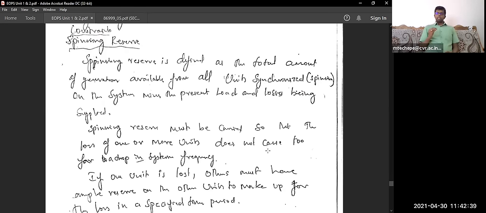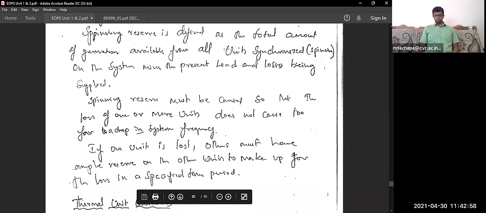They have to give a reliable supply, so in that scenario only they go for this kind of spinning reserve. Spinning reserve must be carried so that the loss of one or more generating units does not cause too far a drop in the system frequency.